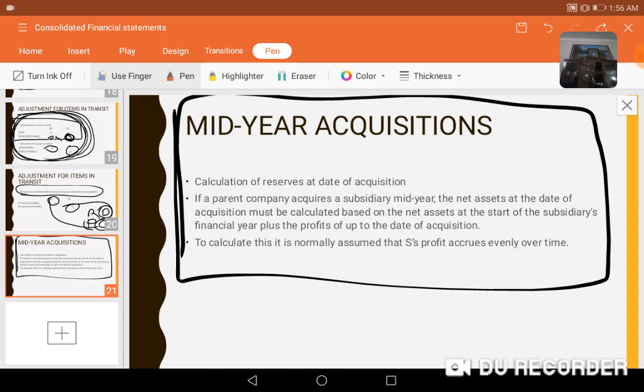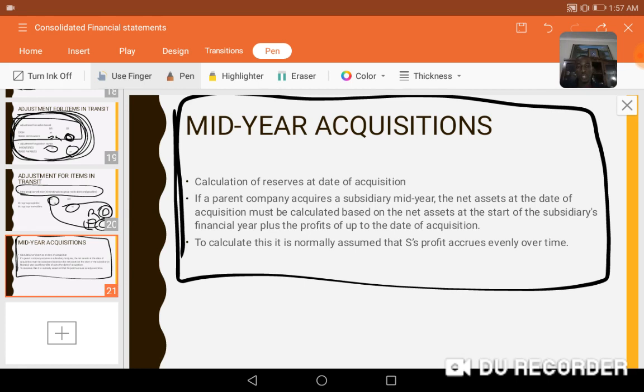And remember, we said whatever profits arise after the acquisition date relate to the group, or to the controlling interest. So normally we'll be given figures at the beginning of the year for the subsidiary, and figures at the reporting date.